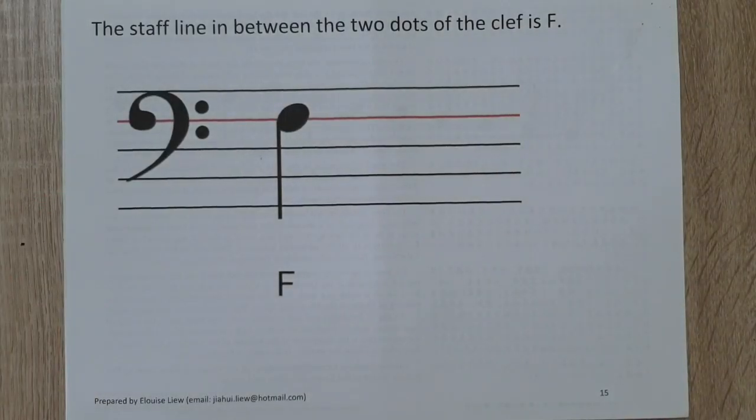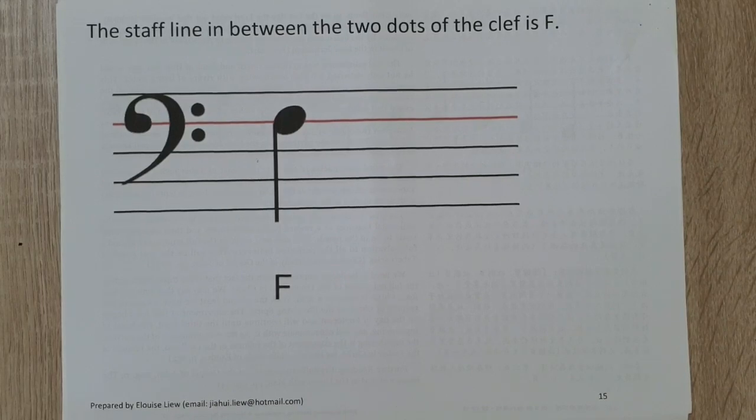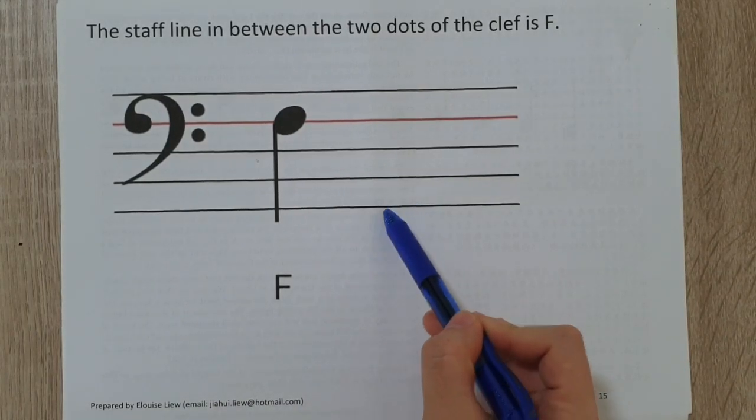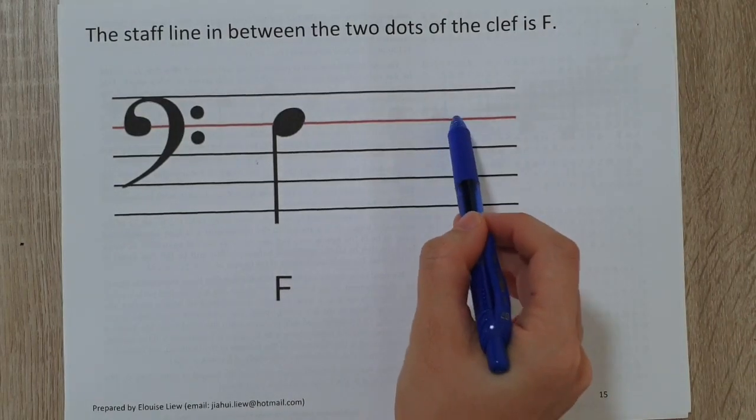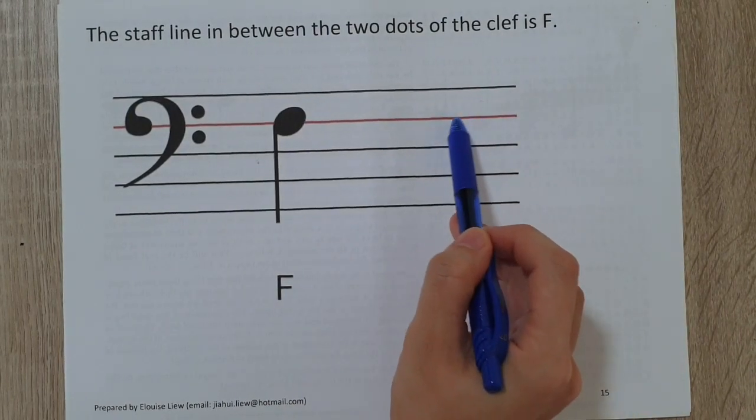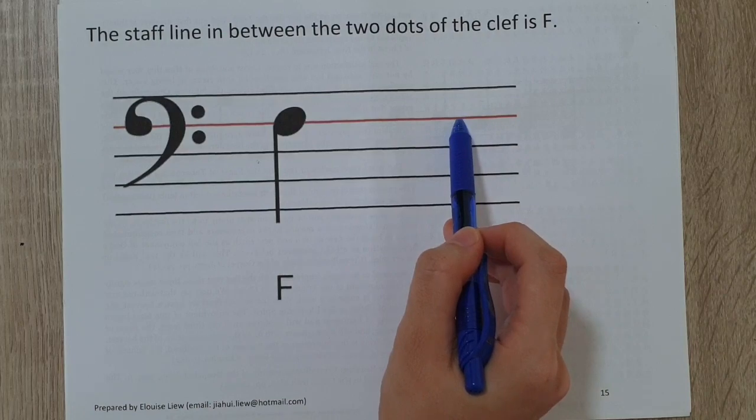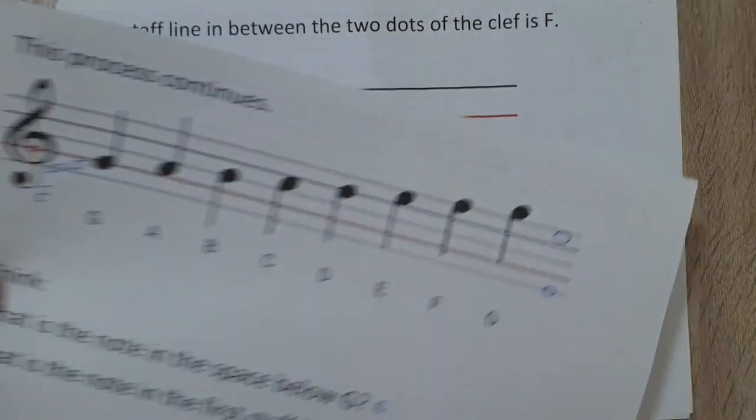The staff line in between the 2 dots of the clef is F. Some of you might be thinking, wait, I thought every good boy does fine, does. So this line should represent D, shouldn't it?